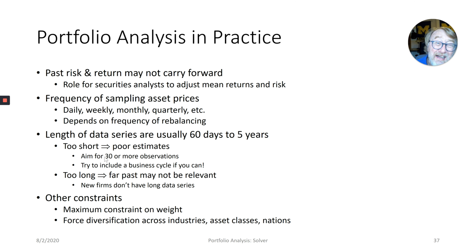A big downside is new firms don't have long data series, right? So recent IPOs would be hard to put into this kind of model. You'd have to do some guesstimates about what you think the mean return would be and what the standard deviation and correlations will be. In practice, you often have other constraints, right? Like often mutual funds will have a constraint such as you can't have more than 2% of your portfolio in any one stock.